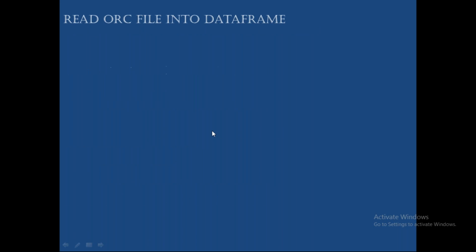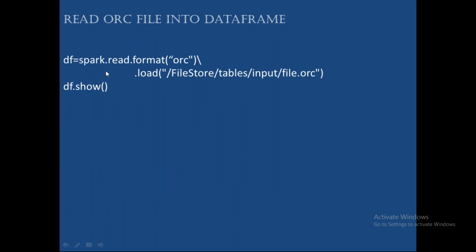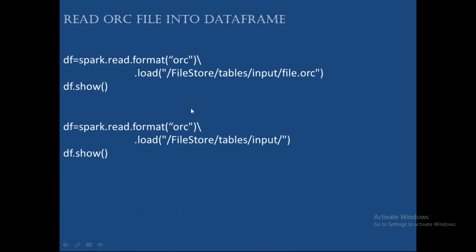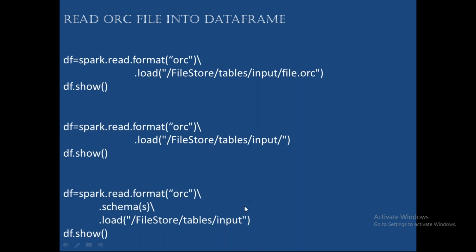Now we'll see how to read ORC. You just have to change the format to ORC and use the ORC file path. This is how you read a single file, and this is how you read multiple ORC files, where I just mention up to the directory. Here I read multiple ORC files with a user defined schema.